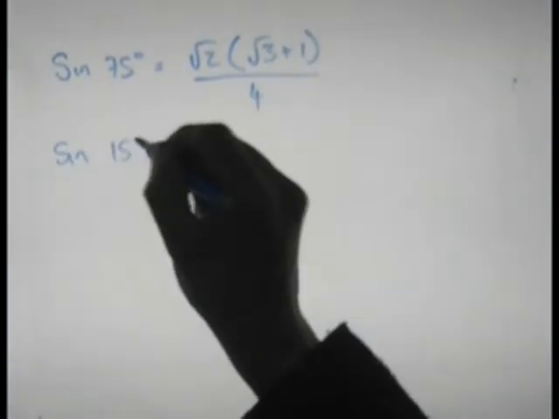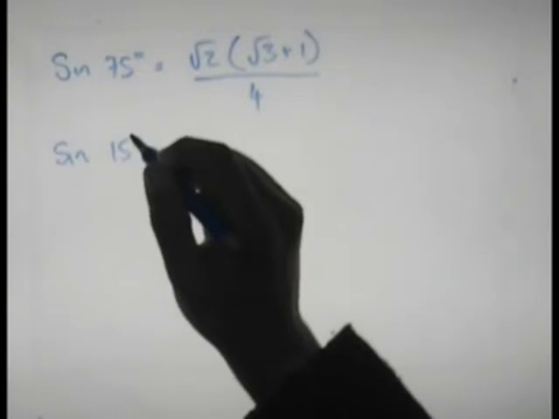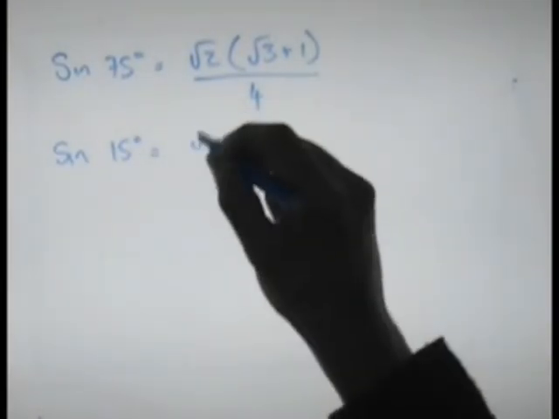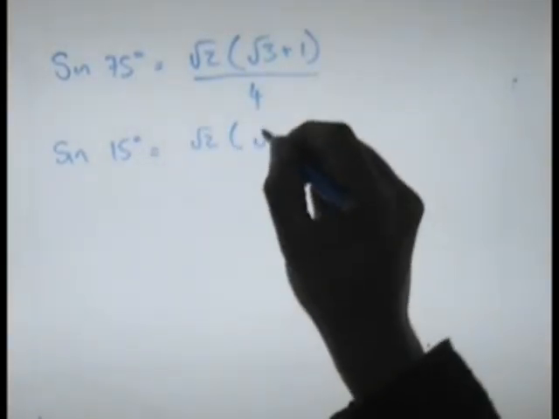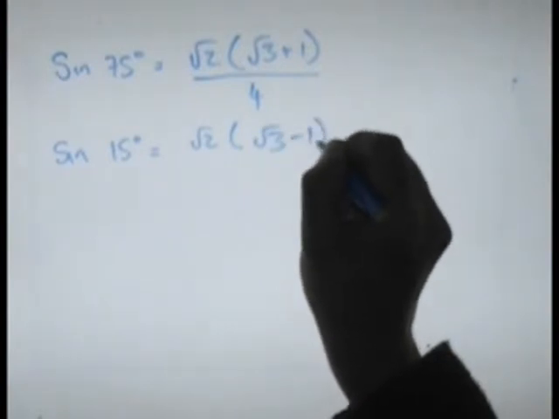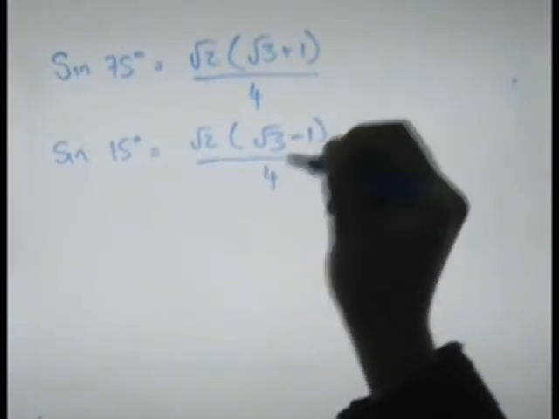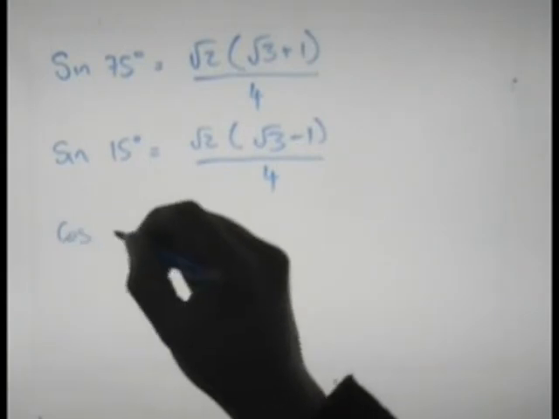Sine 75 degrees gave us an answer of root 2 times root 3 plus 1 over 4. Sine of 15 degrees gave us an answer of root 2 times root 3 minus 1 over 4.